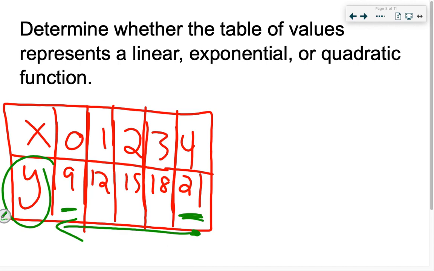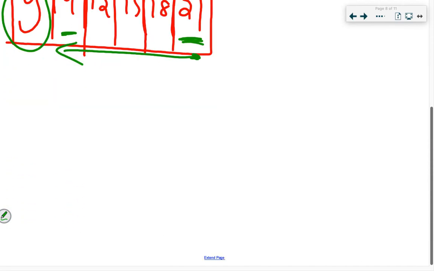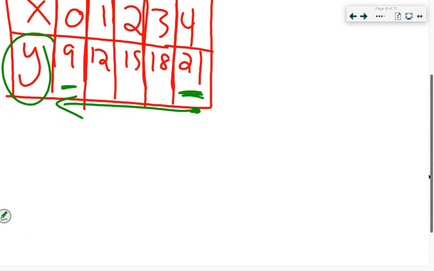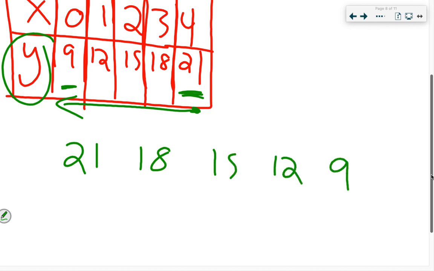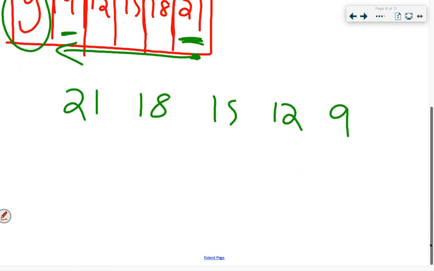So, if I scroll down a little bit, if you don't mind. The last Y value they give us is 21. Then it's 18. Then it's 15. Then it's 12. And then it's 9. Alright, so let's calculate the first difference. To go from 21 to 18, we subtract 3, right?